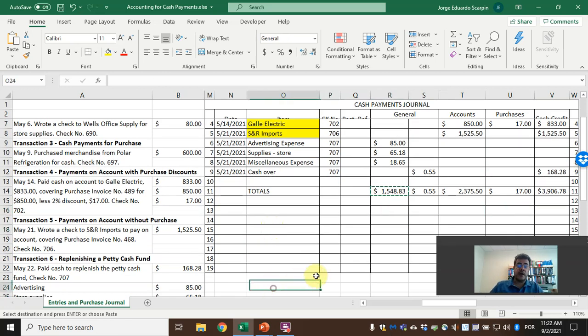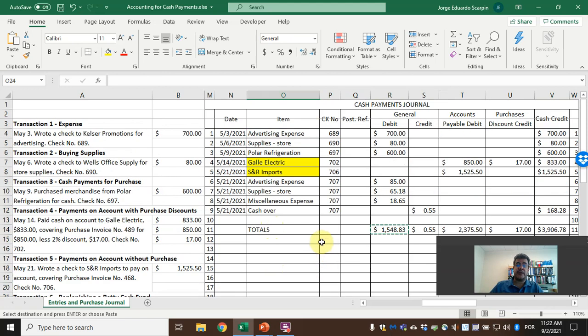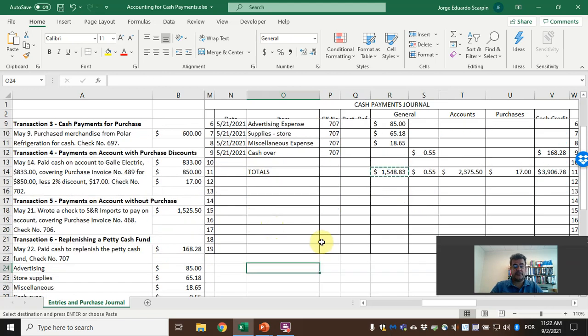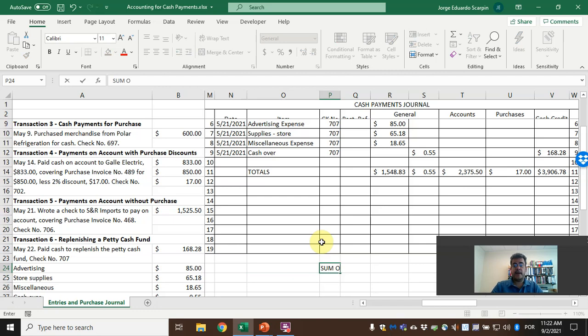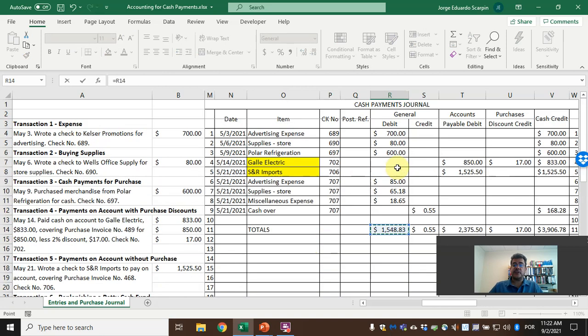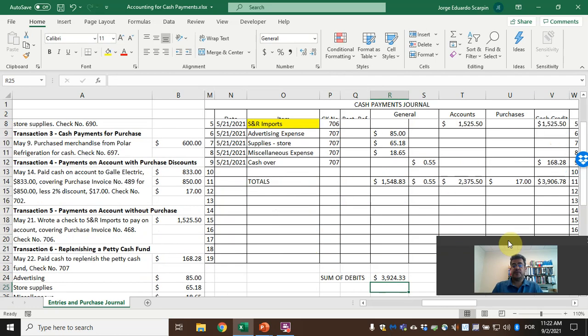We go outside our cash payments, sum of debits. How much is the sum of debits? The journal debit plus accounts payable debit, 3,924.